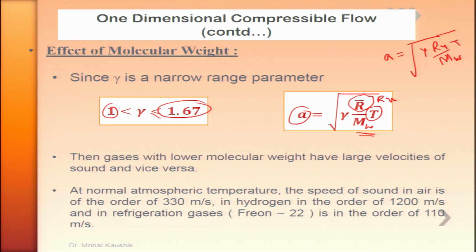So for the lower molecular weight gases, that is the lighter gases, the speed of sound traveling in them is much more, whereas if the molecular weight of the gases is high, let us say oxygen, nitrogen or such cases even beyond, then the speed of sound, that is the acoustic wave signal propagation in those gases, will be lower.